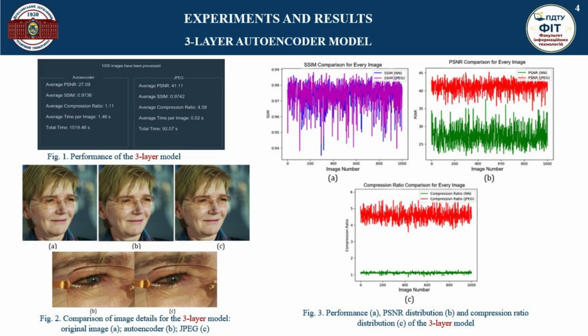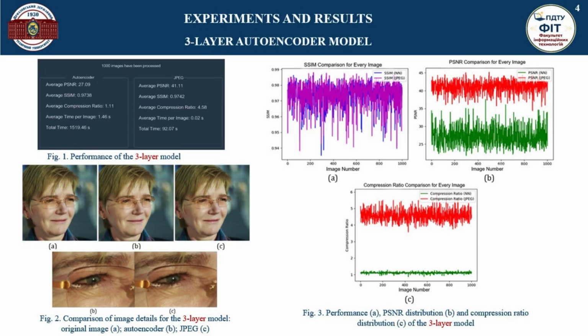To conduct the experiment, a modular software system was developed in Python comprising the following components: graphical user interface, compression module, which handles the encoding and decoding of images using the autoencoder model. Quality assessment module, which computes the key evaluation metrics, specifically PSNR and SSIM.